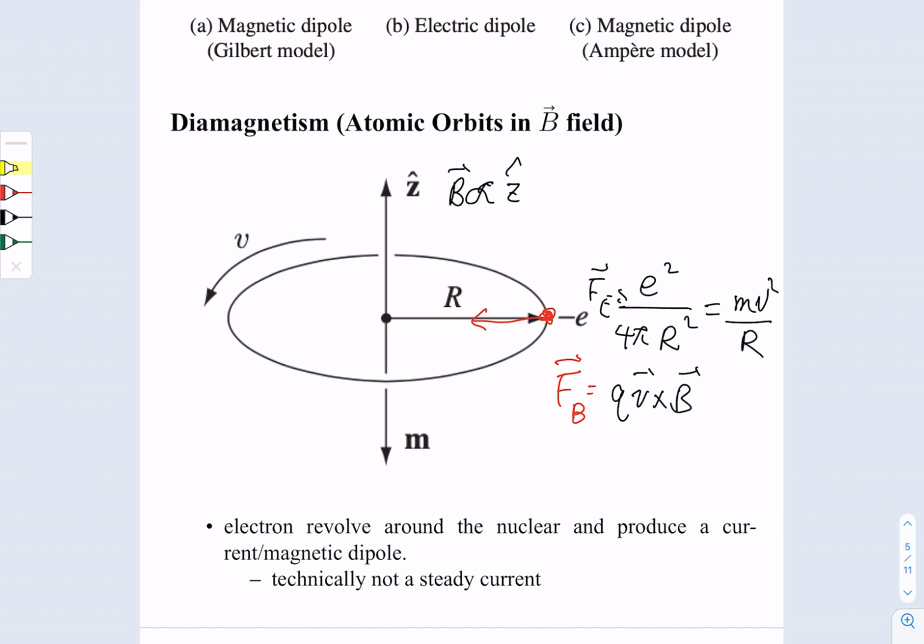So the change of this m will still be in the negative z direction. So you can sort of see that for any direction of this magnetic dipole moment, the change of this m is always opposite to the direction of the magnetic field B. That's why we call this diamagnetism.